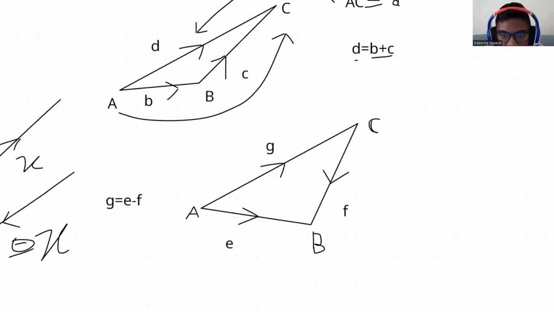Now vector E goes from A to B, but vector F doesn't like to play nice and instead of going from B to C, goes from C to B. So we can't say that vector G equals vector E plus F. We can't say that, unfortunately. Sorry, people, but there's a different way to do this.